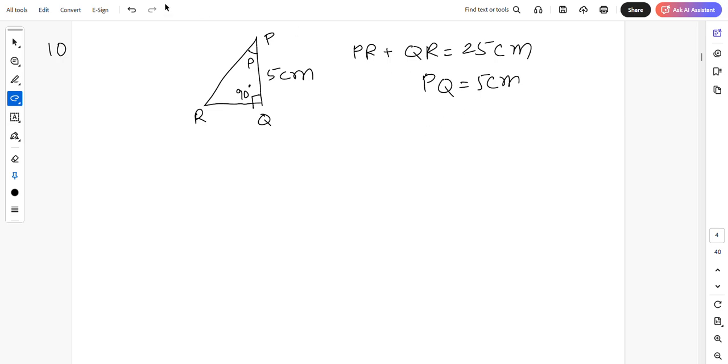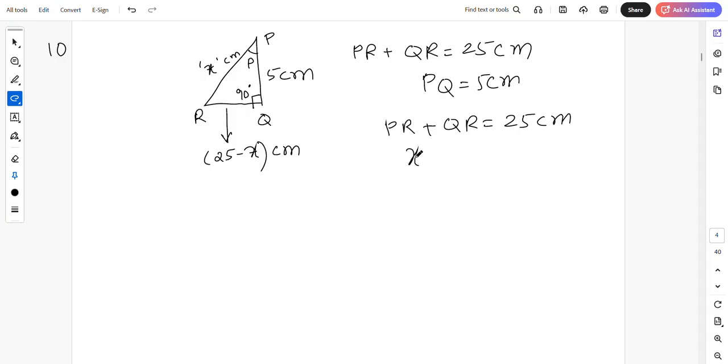Now they have given PR plus QR is 25. Let us say the hypotenuse PR is x centimeters. Since PR plus QR is 25 centimeters, QR will be 25 minus x centimeters. Because I have taken PR as x centimeters, plus QR is equal to 25 centimeters.